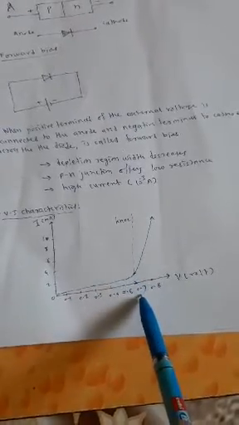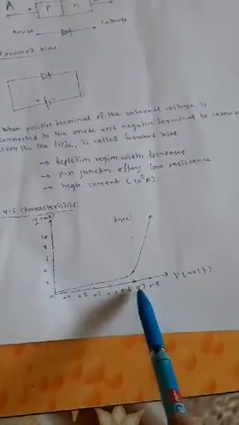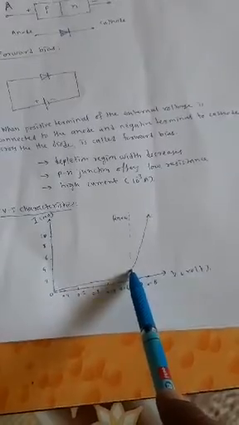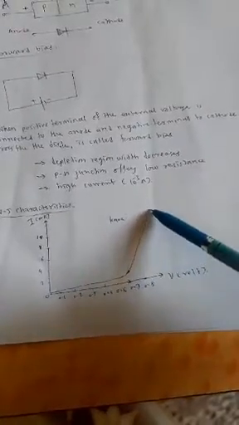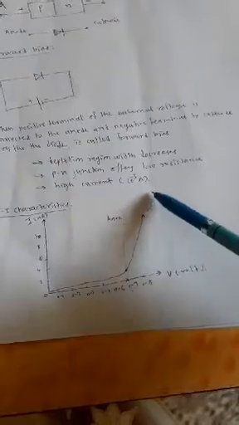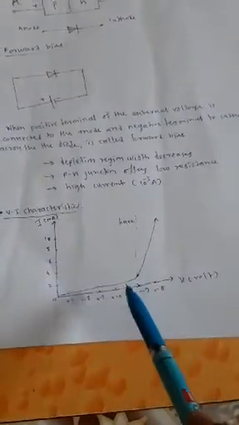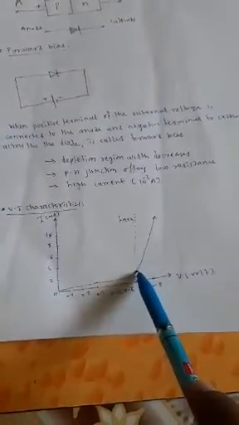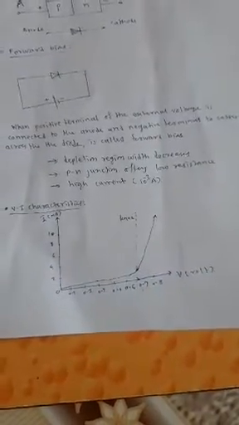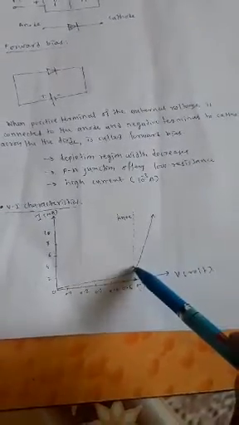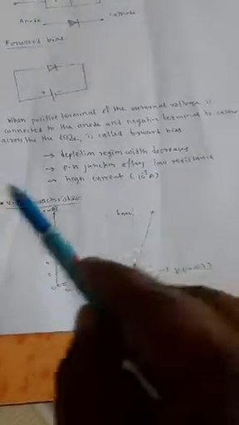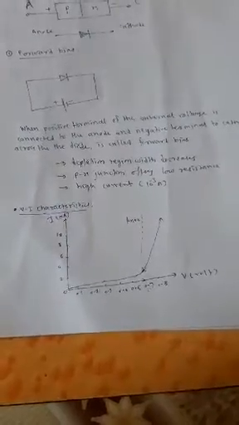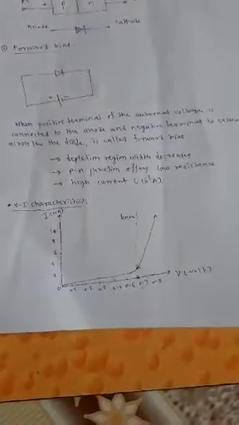But at a particular value of external voltage, 0.7 volt for silicon diode, suddenly the current flows through the diode, and diode behaves like a conductor. The voltage at which the current conduction takes place is known as the knee voltage. Therefore this point is known as the knee point, and this diagram is known as the forward characteristics of PN junction diode.